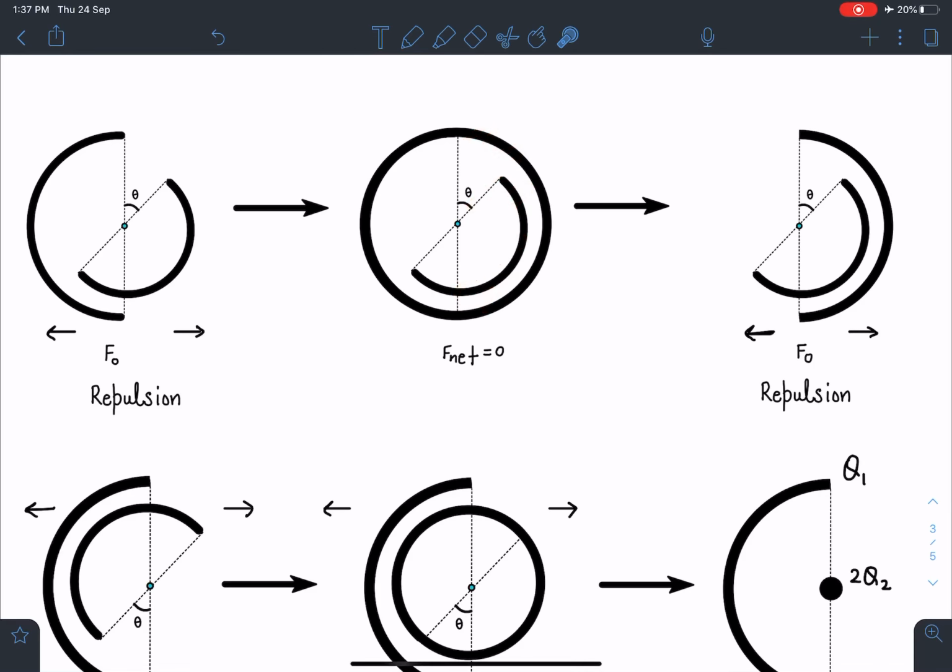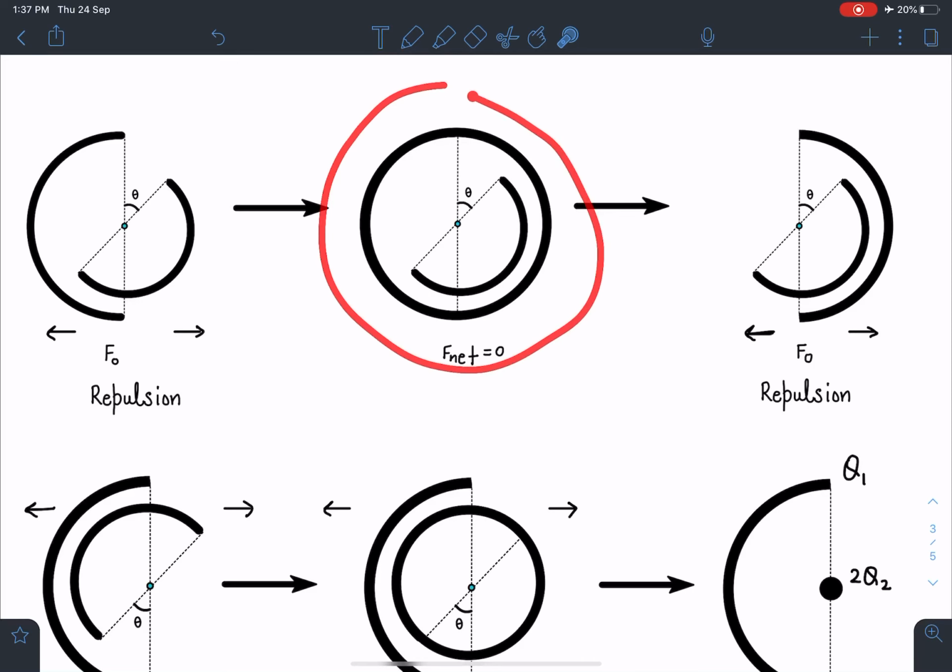If I can say that, then as you can see in the next diagram, I can take this part, and I can easily say that in this situation also the force between the inner hemispherical shell and the outer hemispherical shell should be F naught only. When I combine this, here you can see on the bigger shell the force is towards left, and on the smaller one it is towards right, and in this situation the net force is 0.